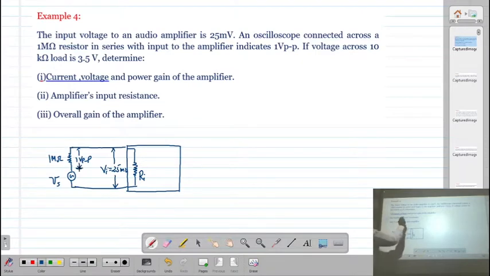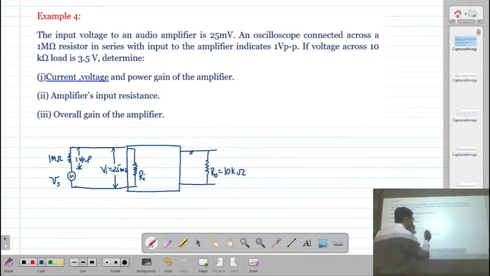Then what is given? The voltage across the 10 kilo ohm load, here, this is my load, that is RO, given as 10 kilo ohm, and the voltage across this is 3.5 volt. Then determine the current, voltage and the power gain of the amplifier.